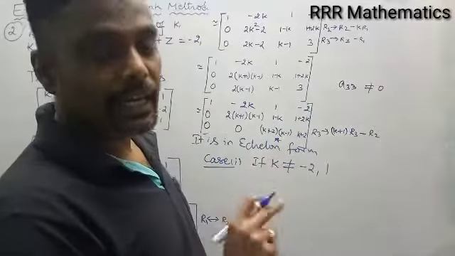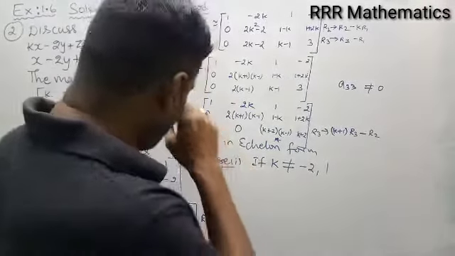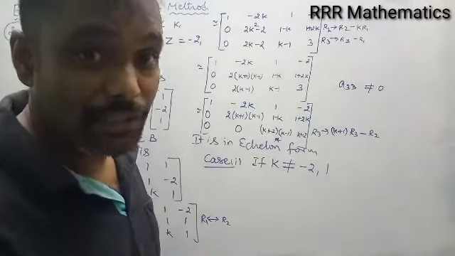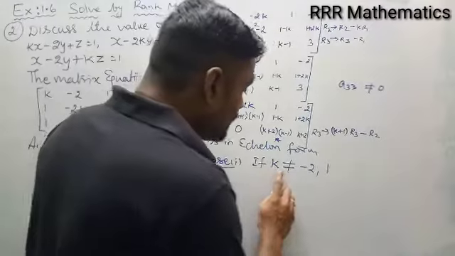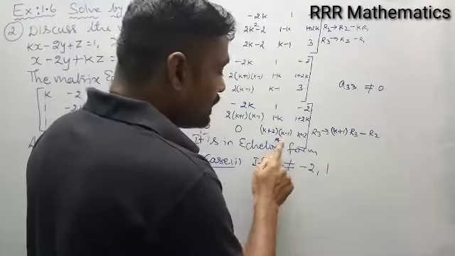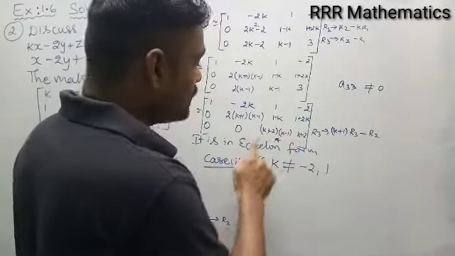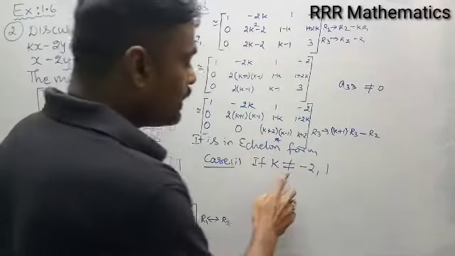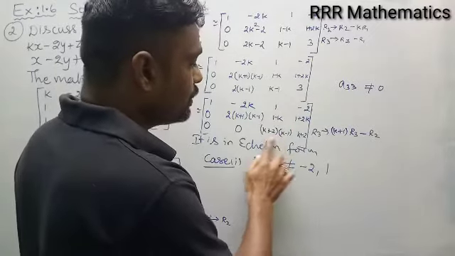So, it gives 3, again 3. This will be 0 only for K equal to minus 2 and 1. When you avoid these two values, this one is not equal to 0.